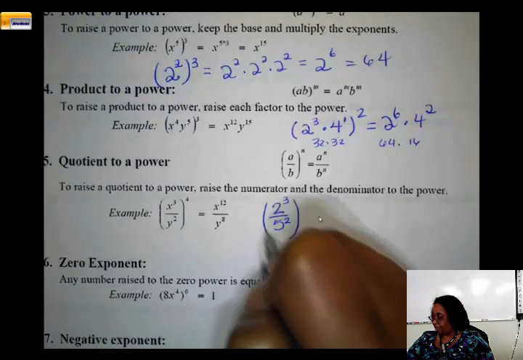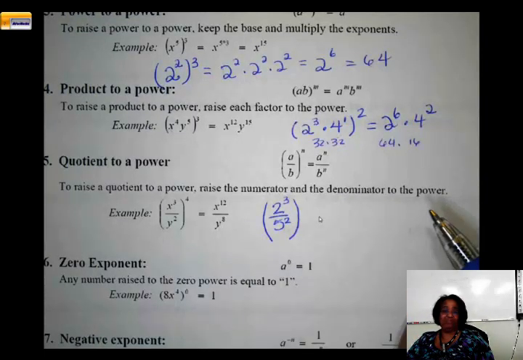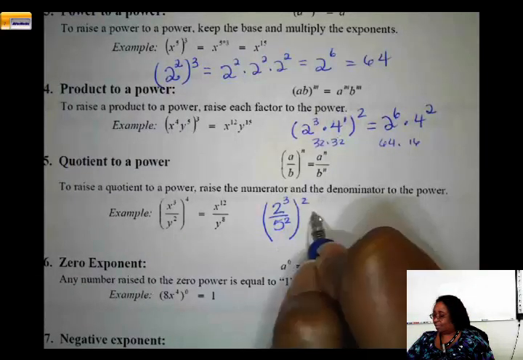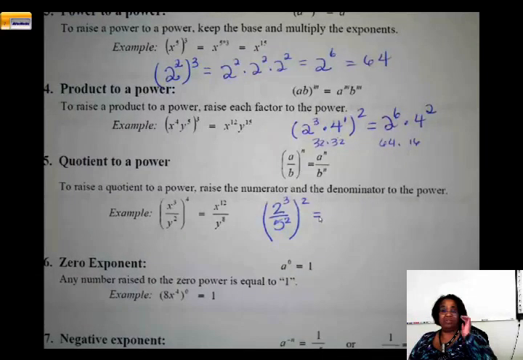That entire fraction with the 2 different bases is going to be taken to the 2nd power. I just want to do some lower numbers so we can easily calculate them. What does it say that we need to do? We're going to do exactly the same thing that we did up above, except at the end we reduce if we can, or divide if we can.